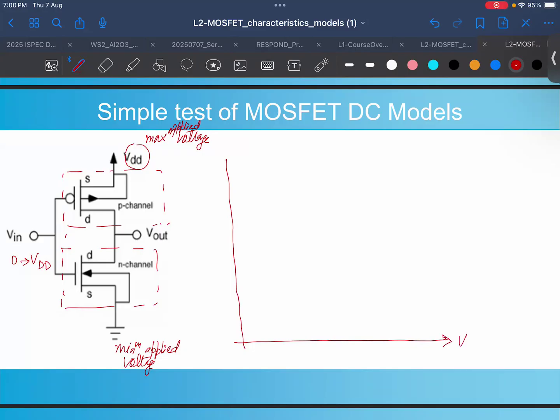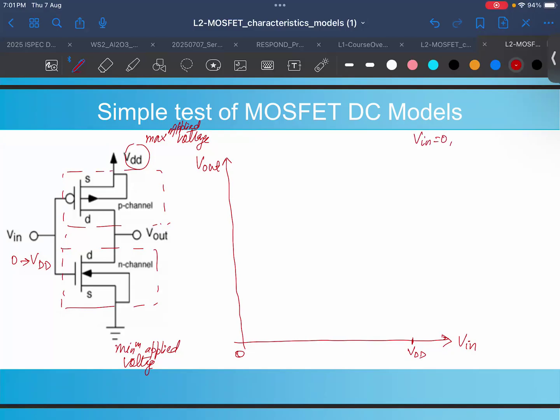So let's start simply. This is my V in, which I'm going to vary between 0 and VDD, and this is my V out, which I want to plot. Initially, V in is 0. So when V in is 0, what happens?